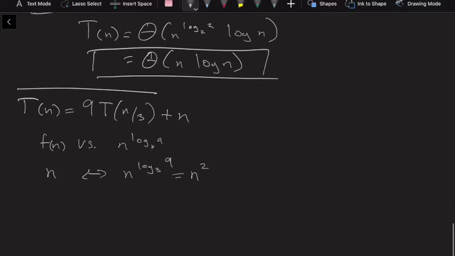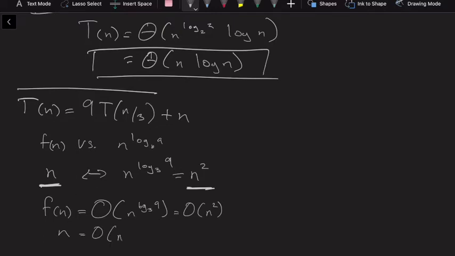So what do we know? How does f of n, which is n, compare to n squared? Well, it's an upper bound. So f of n is upper bounded by n to the log base 3 of 9, which is n squared. But not only is it upper bounded by that, it's upper bounded by n squared minus a little bit, because n is upper bounded by n to a power a little bit below 2.